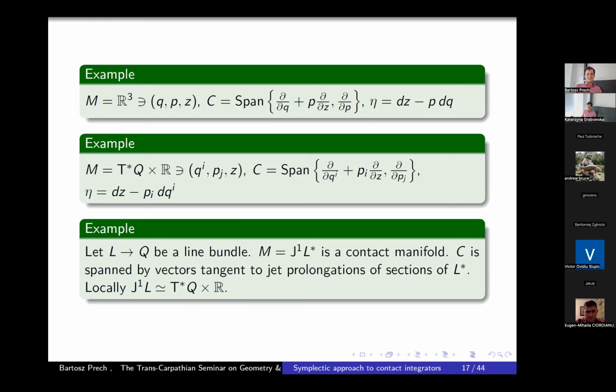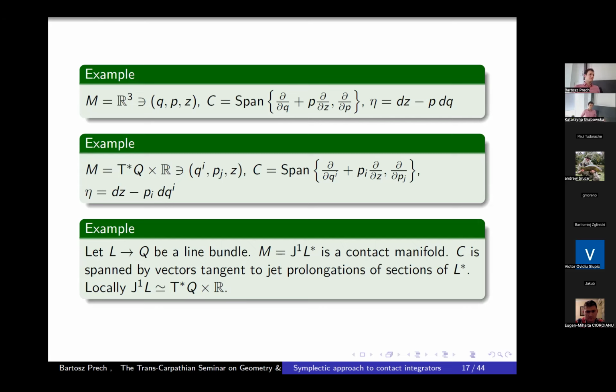So there was already discussion about the third example. These Cartan distributions are very important in the theory of partial differential equations, understood as certain submanifolds in jet bundles, but this is just a digression. So we consider this third example, a line bundle. A line bundle is a one-dimensional vector bundle in general, and we can consider the first jet of the dual bundle.